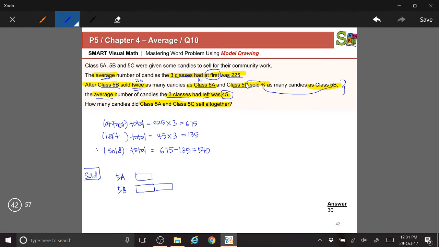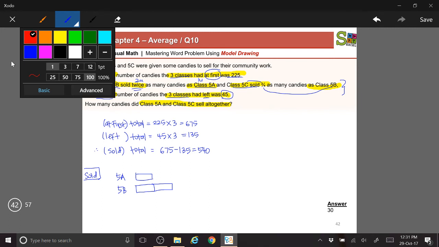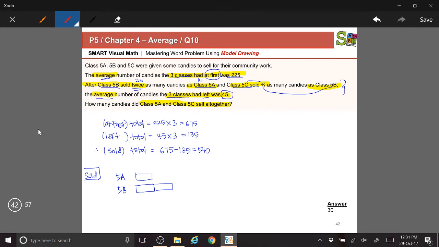So 3 belongs to C and 4 belongs to B. When they say 4, this 4 belongs to B, where we already have 2, meaning we need to cut this to make it into 4, to follow the second part of the statement.